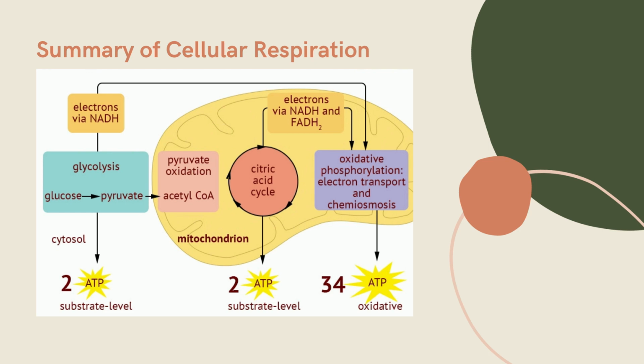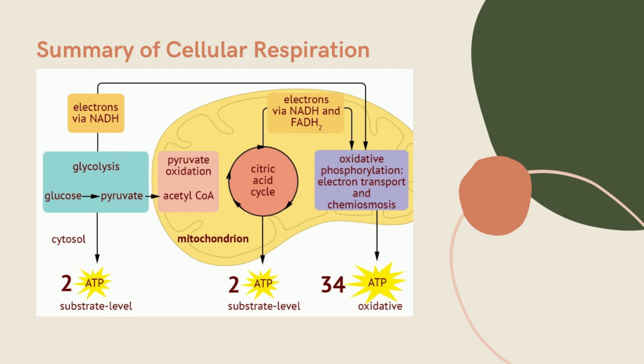So with this step, we are yielding 34 ATP. Some books write the ETC as 32 ATP, or they say that the ETC produces 32 ATPs at the end. So it is not set in stone.